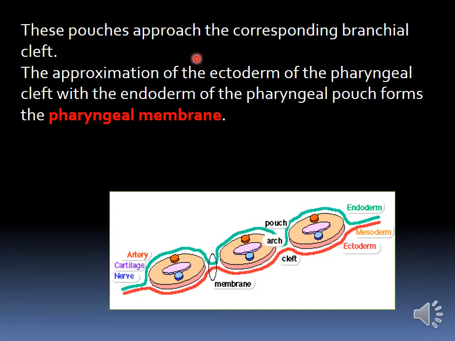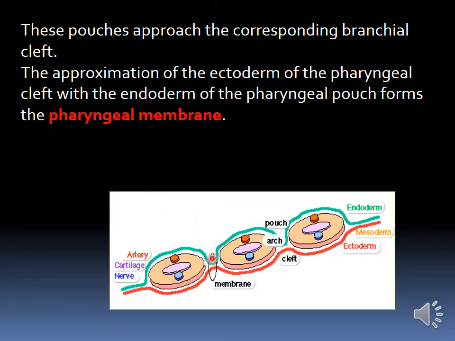The pouches approach the corresponding branchial clefts, as you can see here. This represents arches and pouches and clefts. Each arch is composed of this cleft from the outside, covered by ectoderm, and this pouch from the inside, covered by endoderm. Each of these arches has the same components, which are the artery, cartilage, and nerve.